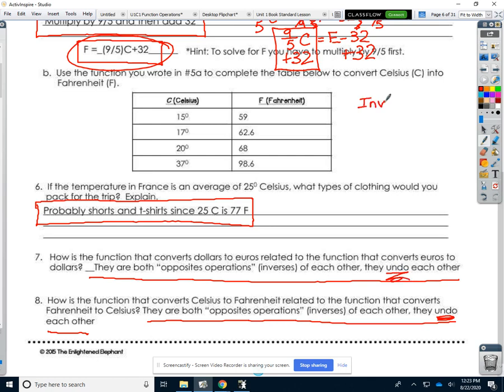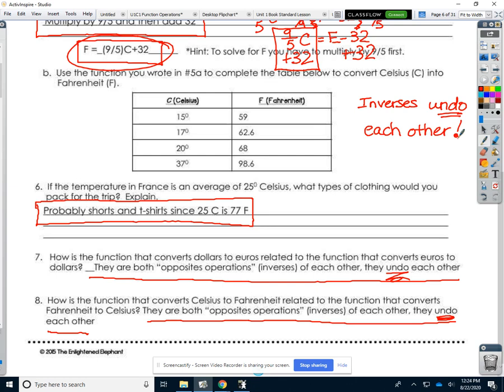Inverses undo each other. So when we write the inverse of a function, we're using it to tell us kind of the same information from a different perspective.